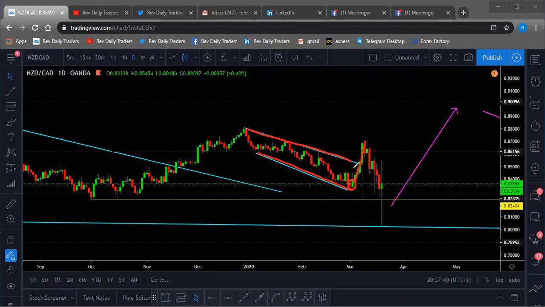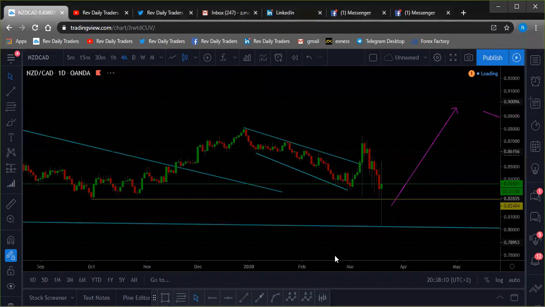Okay, then it has to move lower to test again 0.80, but that doesn't make this pair change our structure. We are still on buys here. Okay, all you need to do is wait for impulse like this one, then it's going to correct again, then take a trade. But we'll move to lower time frame so that you can see what I'm talking about.